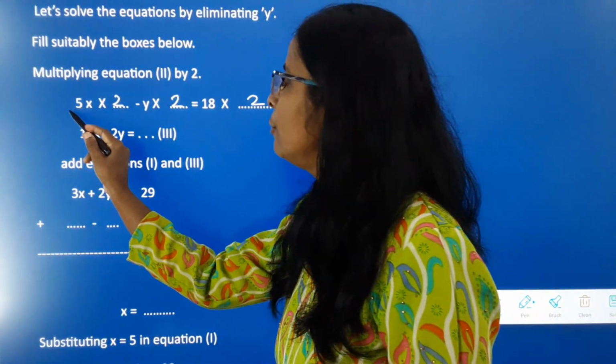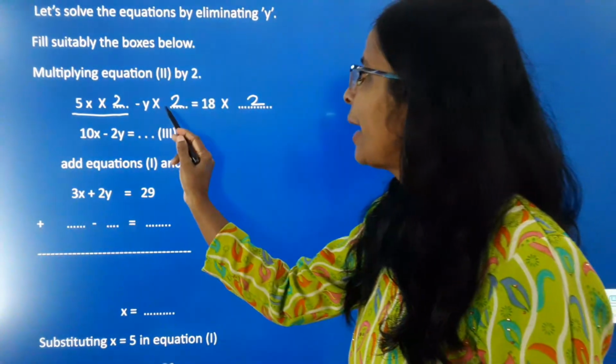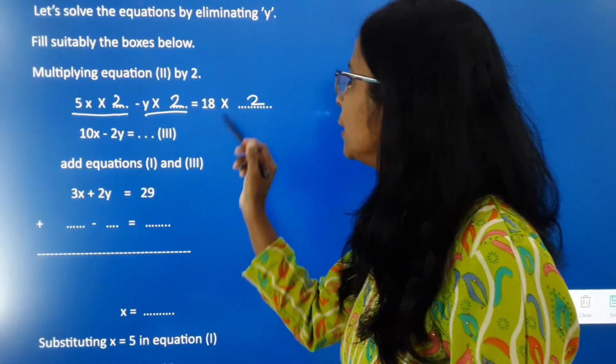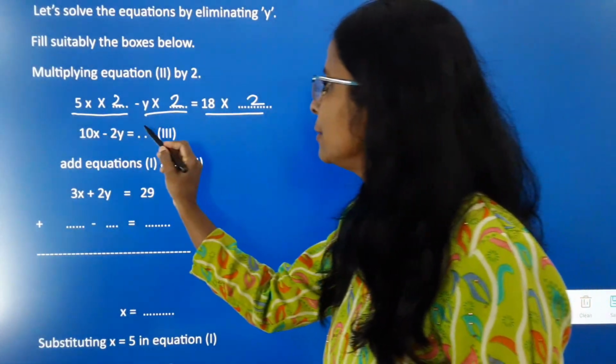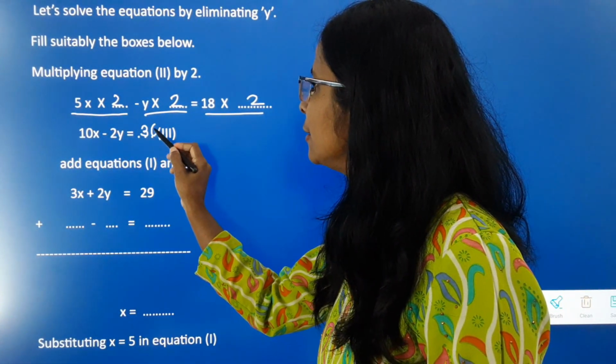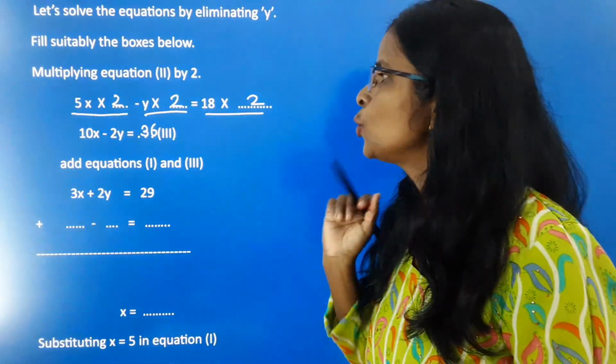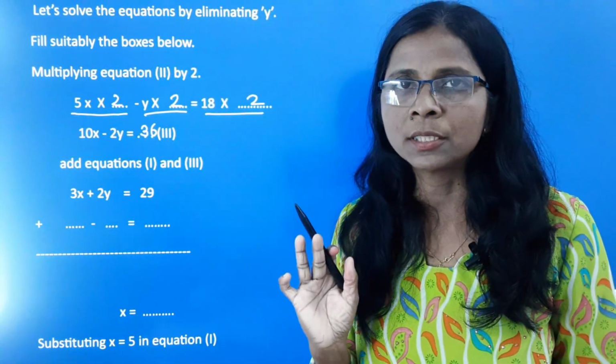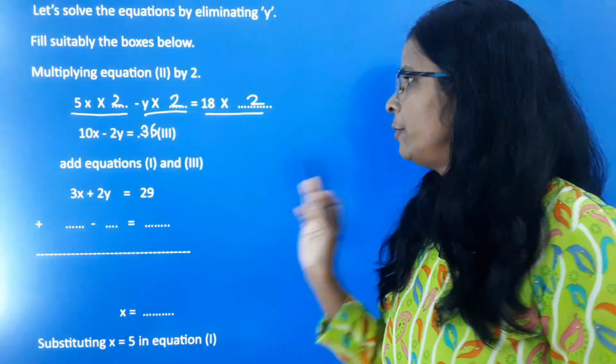So here 5 2s are 10. So 10x minus 2y is equal to 18 2s are 36. 10x minus 2y is equal to 36. Call it the third equation.